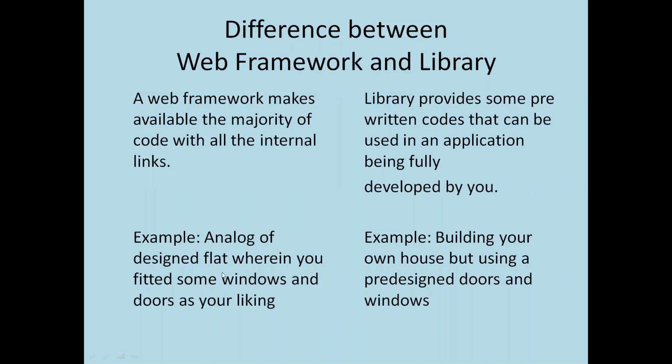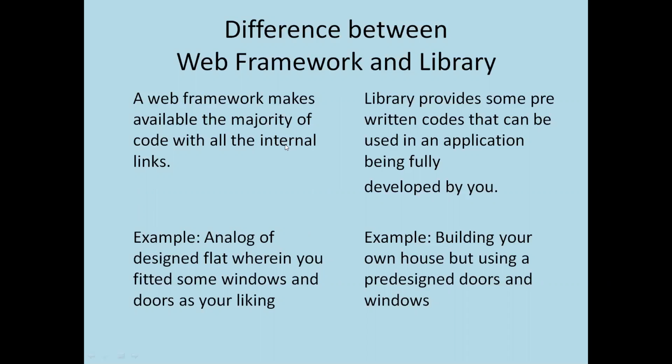Let's say we have a flat and now we want to design our flat, and with the flat you can insert the windows and doors as you like. That is an example of a web framework, whereas a library can be building your own house but using pre-designed doors and windows.